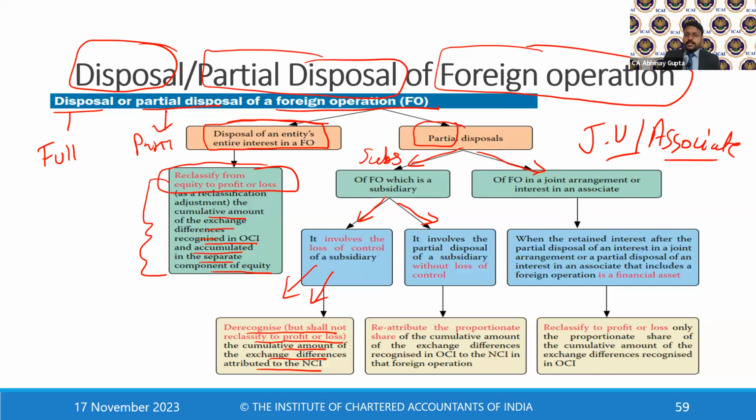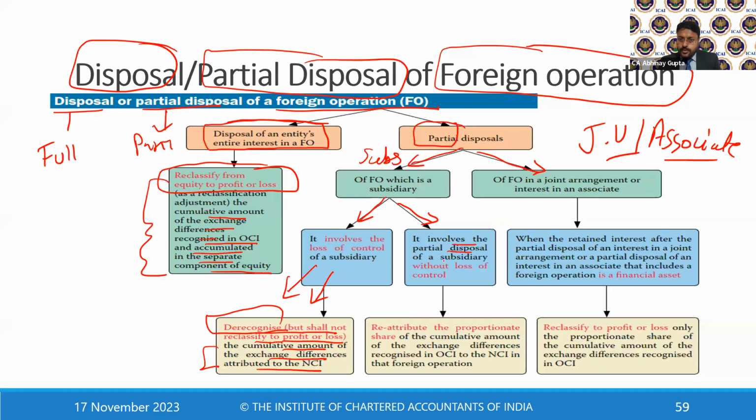But if there is any interest left, that will be treated as an investment only in the standalone as well as the consolidated financial statements, because there wouldn't be any more consolidation because we lost the control on the subsidiary. Now, in this case, what will happen? We will de-recognize the subsidiary from our books, but we will not reclassify any cumulative amount of exchange differences to the P&L pertaining to the NCI.